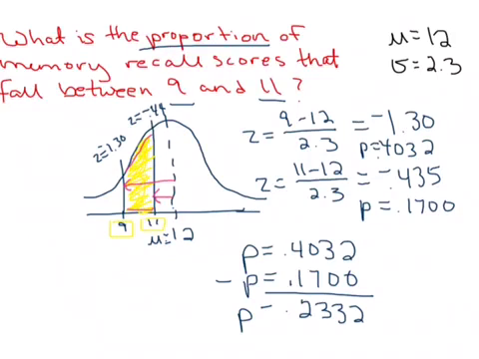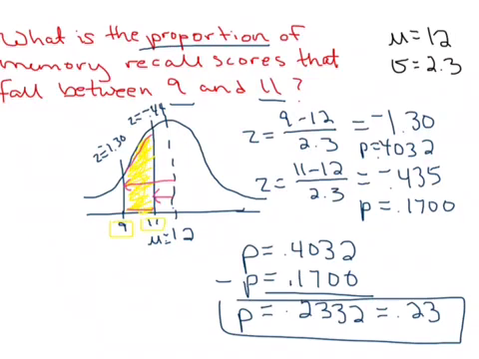That should be your final answer, or 0.23. That is the proportion of scores that you will find in that sliver between the scores of 9 and 11.